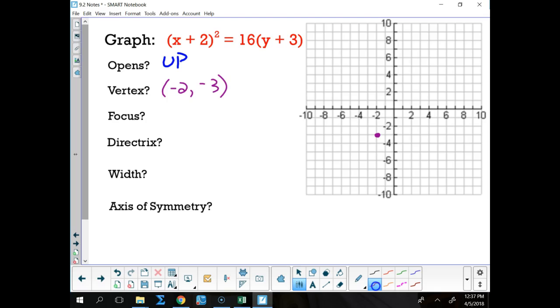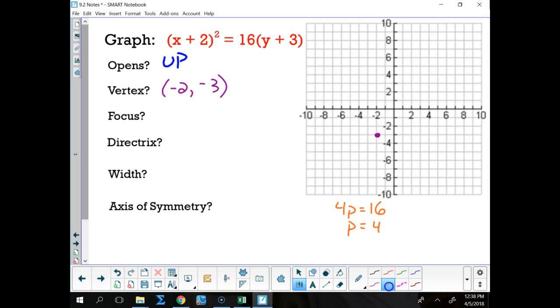4p. What is 4p? If 4p is 16, what is p? 4. So since it opens up, which way from my vertex, up, down, left, right, is my focus?